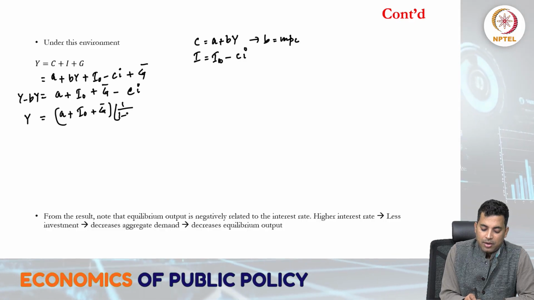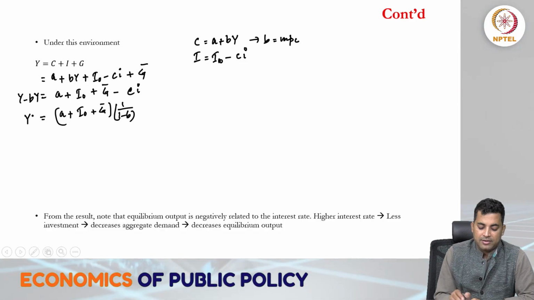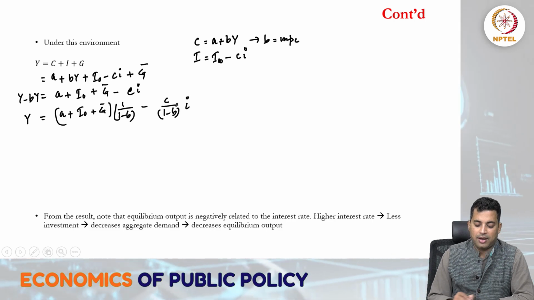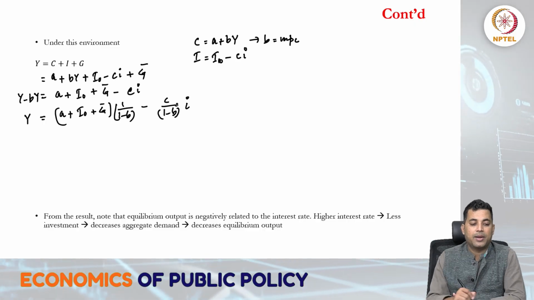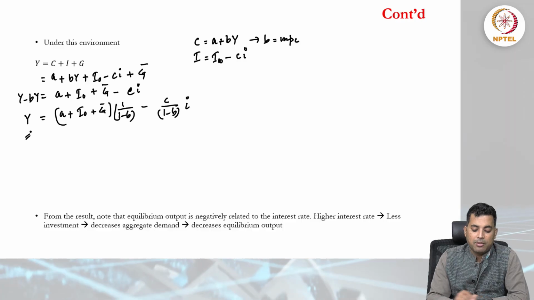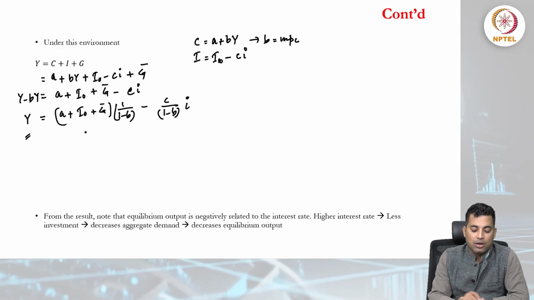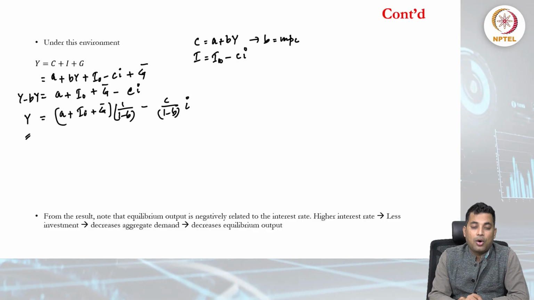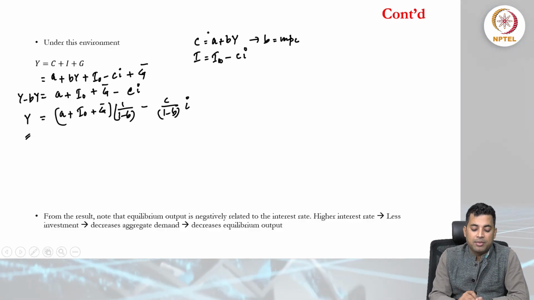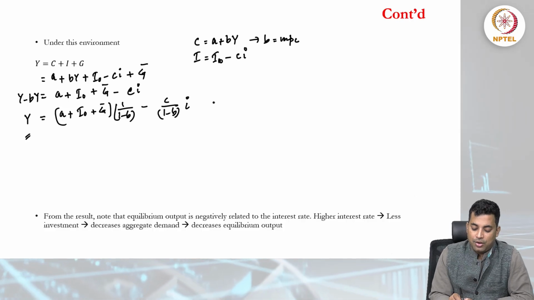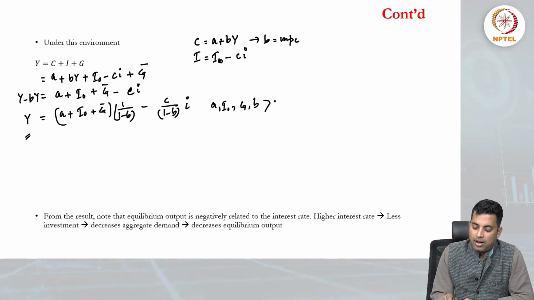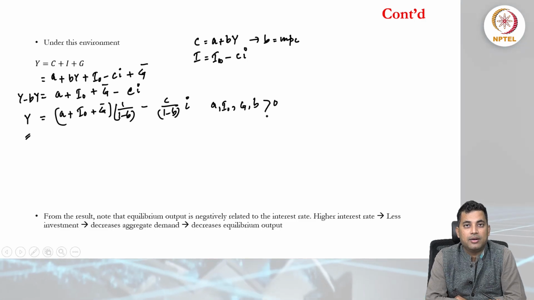multiplied by 1 over 1 minus B. We are bringing 1 minus B from here, and c over 1 minus B, and here small i. So this is the equilibrium output, which depends on all the constant factors and is positively related to them, because I naught, G and B are all greater than 0.